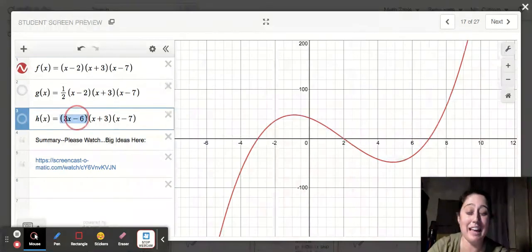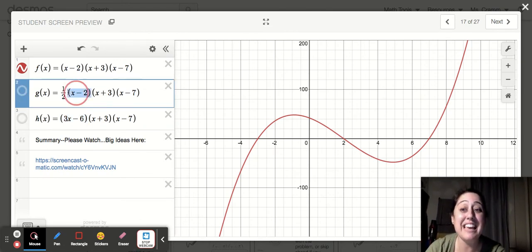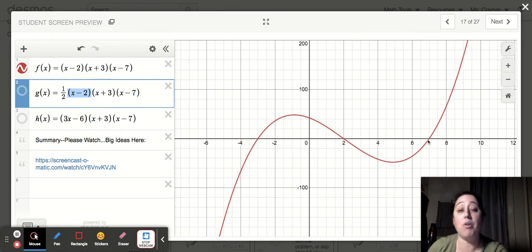Here, I could rewrite it again, but hopefully you remember, you can take the 3 out, greatest common factor, and you're left with this same x minus 2, all right? So because of that, you really shouldn't see any changes where the graphs cross your x-axis.